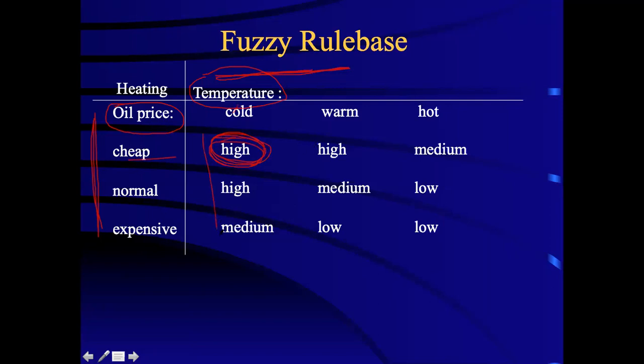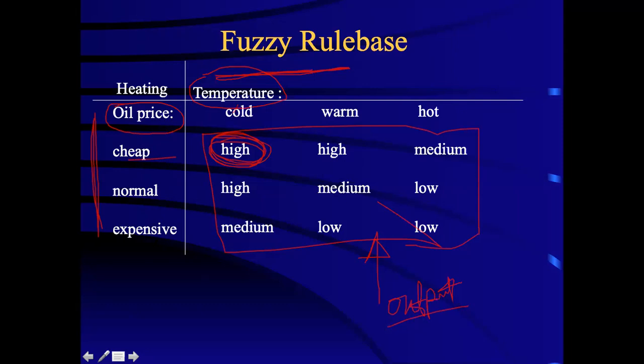So this table is representing your output. On one side you have the oil prices, on the other side you have temperature. So these are the 9 different rules.